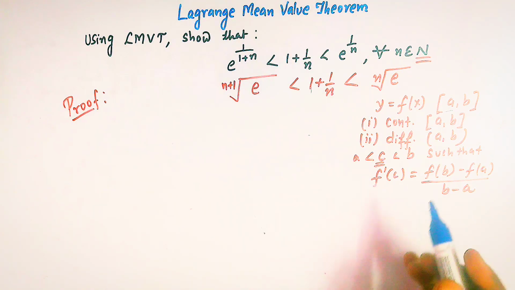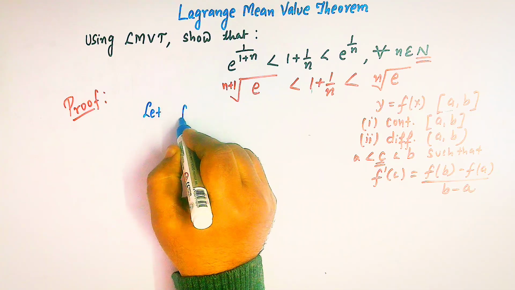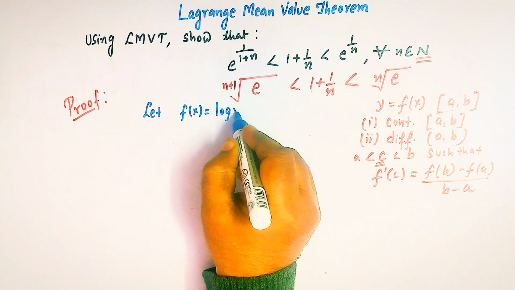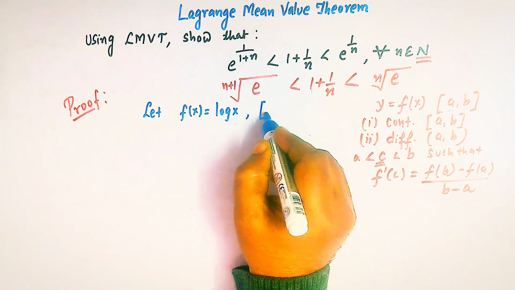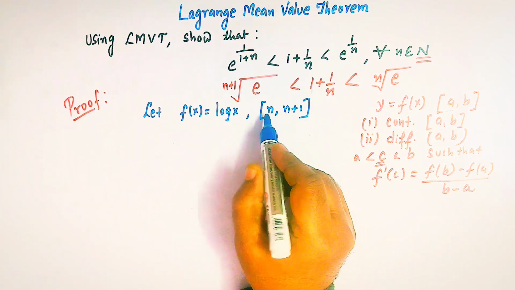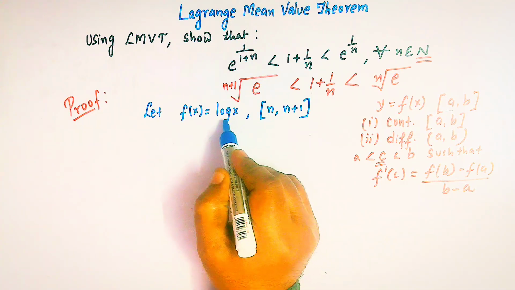So now let us apply Lagrange's mean value theorem to the function f of x is equal to log of x in the interval n comma n plus 1. So here we are taking the function as f of x is equal to log of x.